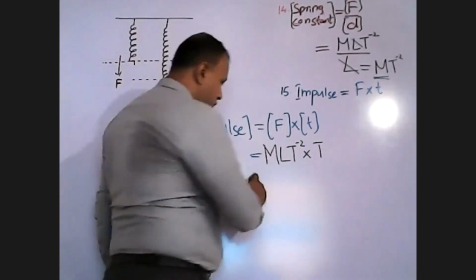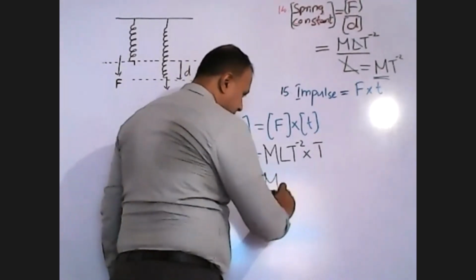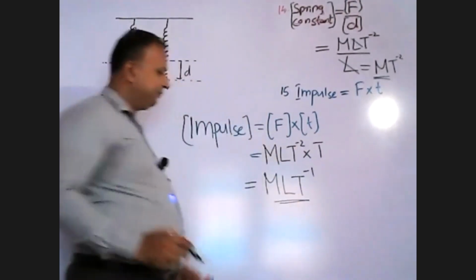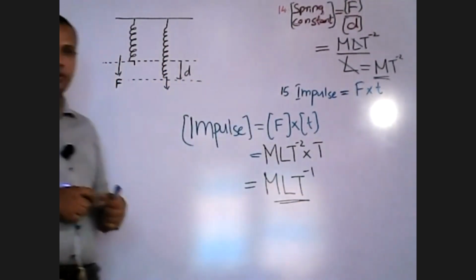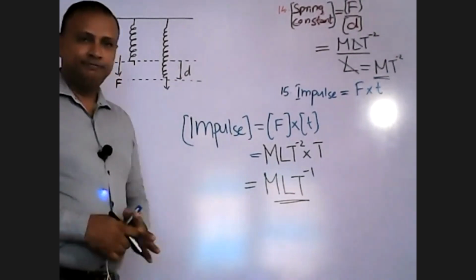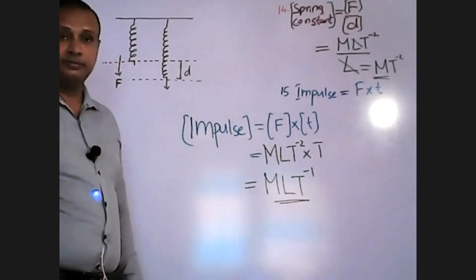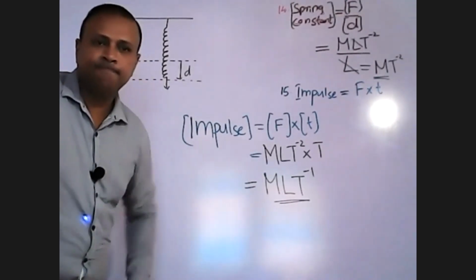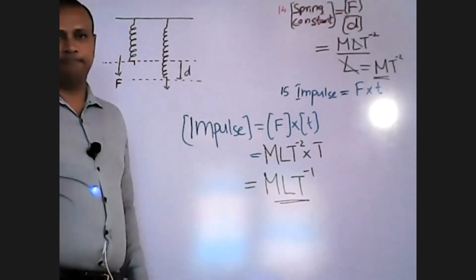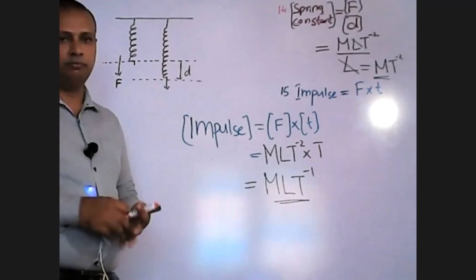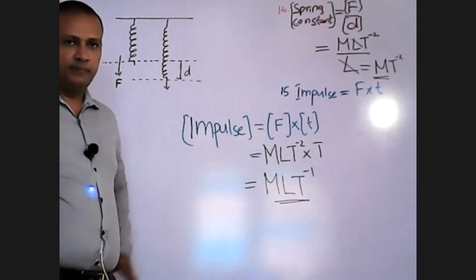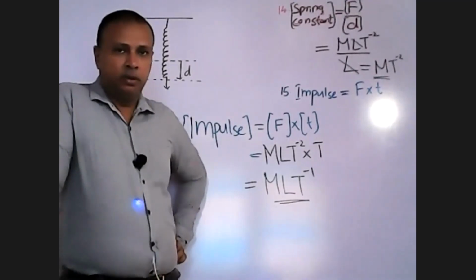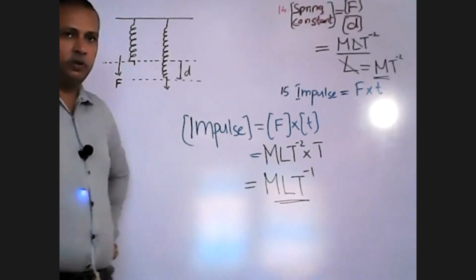So it is MLT minus 1. Do you understand? Very good.